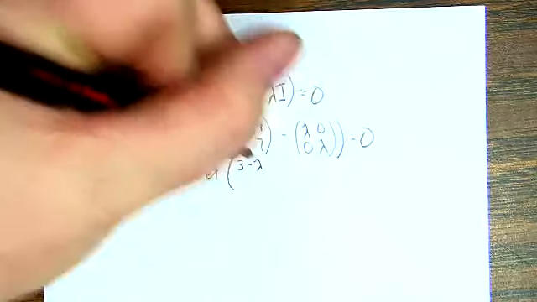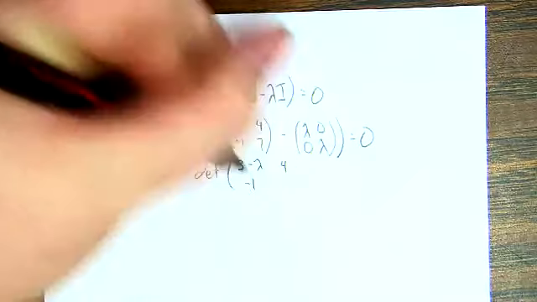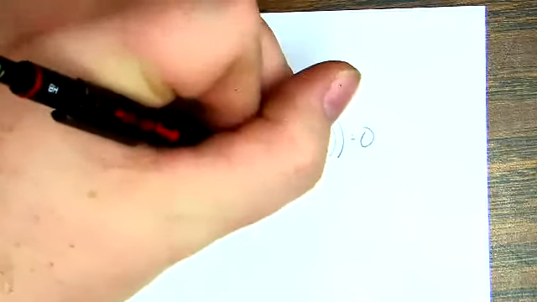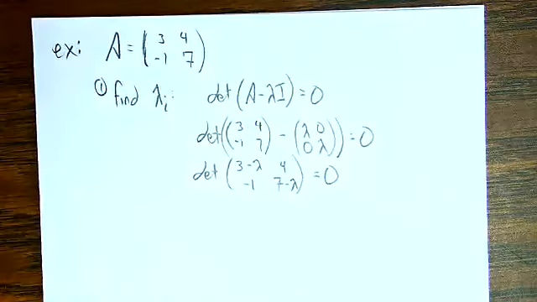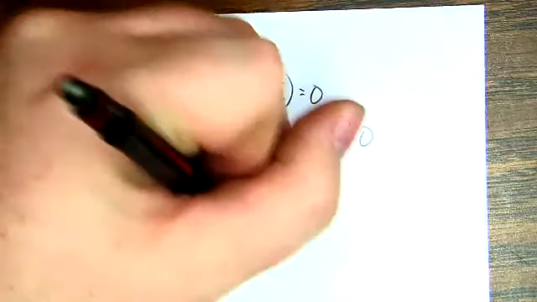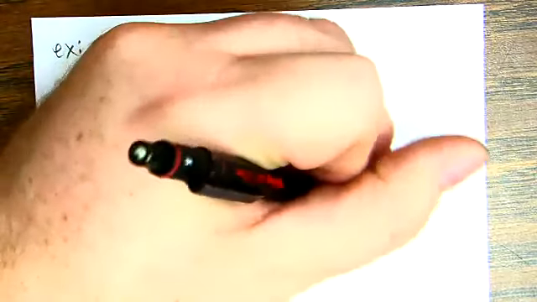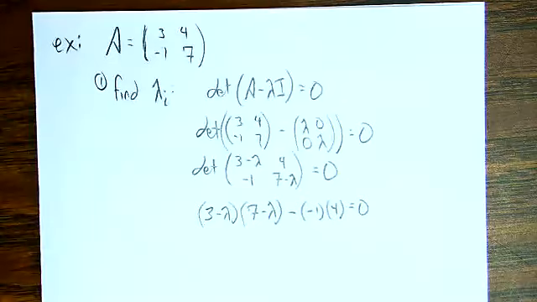So I have [3 minus lambda, 4; negative 1, 7 minus lambda]. That determinant needs to be equal to 0. So (3 minus lambda)(7 minus lambda) minus negative 1 times 4 must be equal to 0.